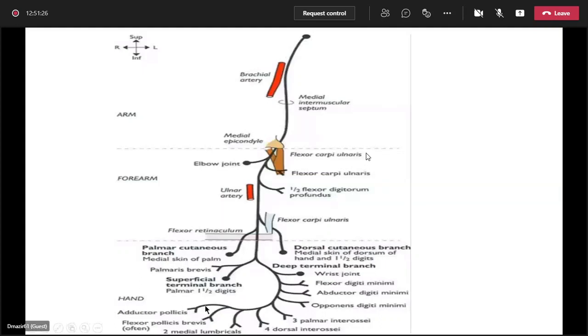The palmar cutaneous branch of the ulnar, passing in front of the flexor retinaculum, supplies the skin of the medial aspect of the palm, and then the palmaris brevis muscle, and the dorsal cutaneous branch supplies the skin of the dorsum of the hand and 1.5 digits, the little finger completely and half of the ring finger.